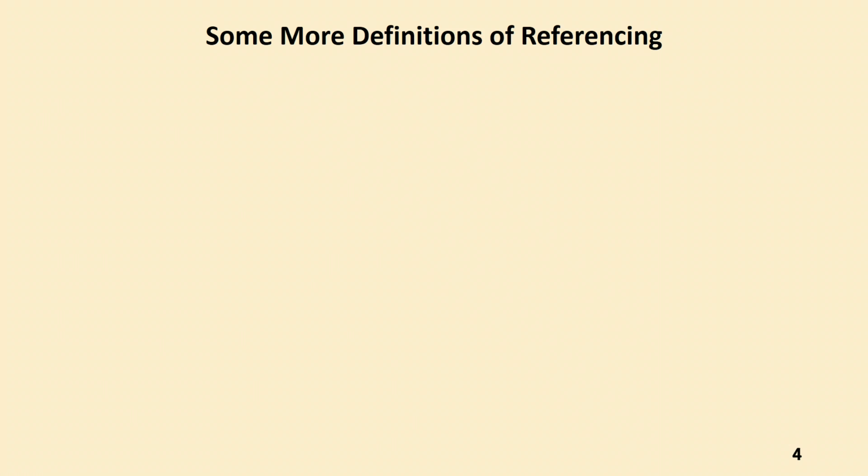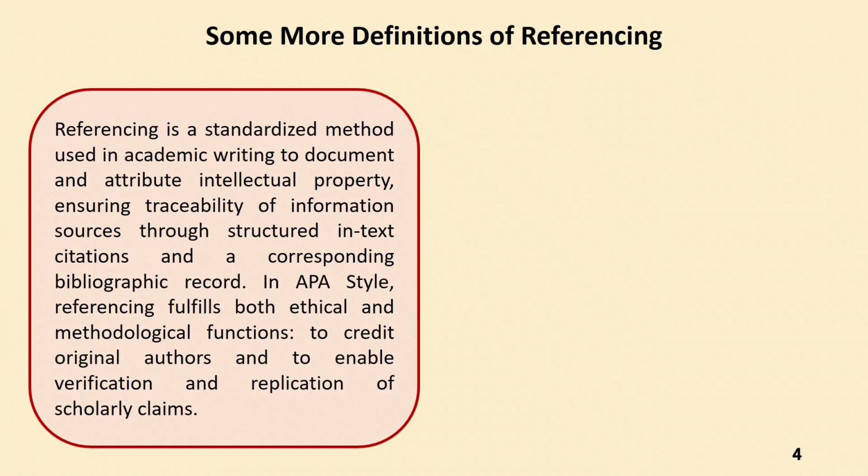Let us see some more definitions of referencing. Referencing is a standardized method used in academic writing to document and attribute intellectual property, ensuring traceability. Very, very important.